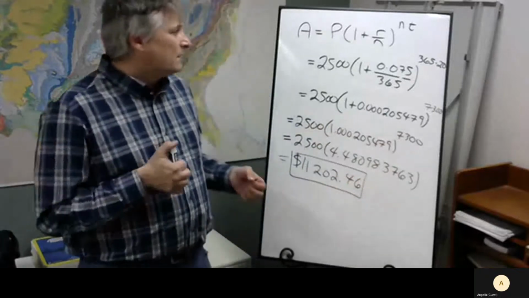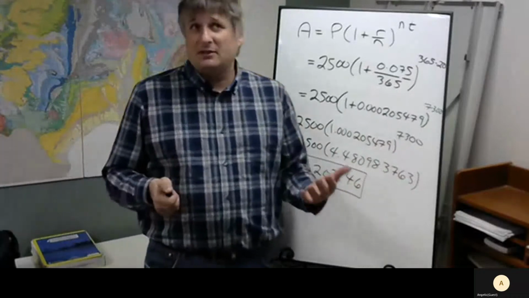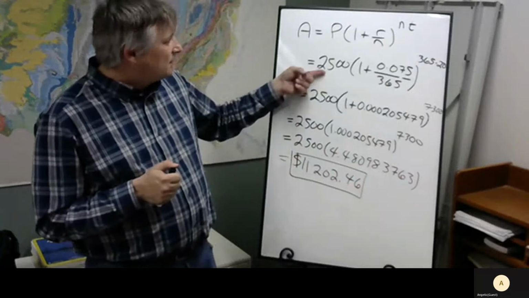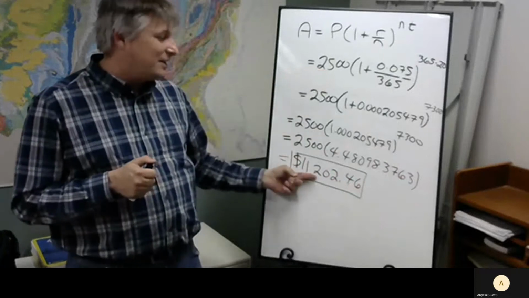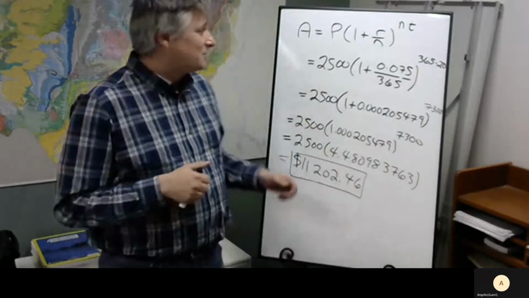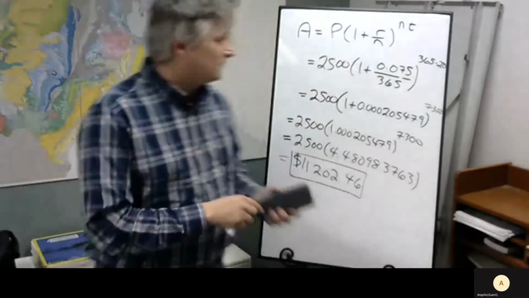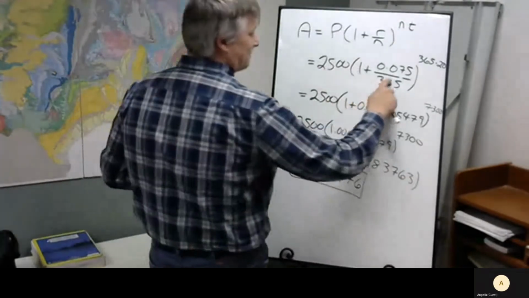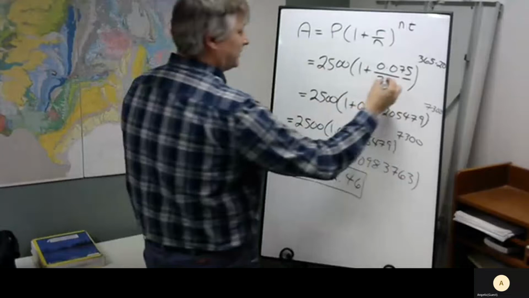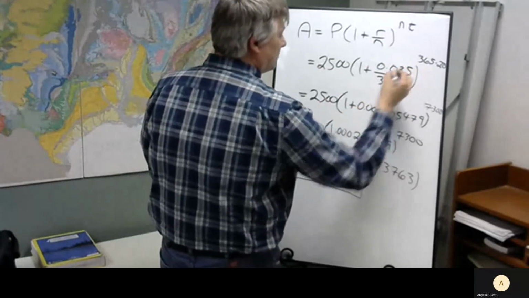But the point is, if you have student loans, which last I checked were compounded daily, you can see how quickly that interest can make the debt grow if you don't pay it off. So if you borrow $2,500 for 20 years, let's play around with this. Doing a little extracurricular work here. Let's say 3.5%.